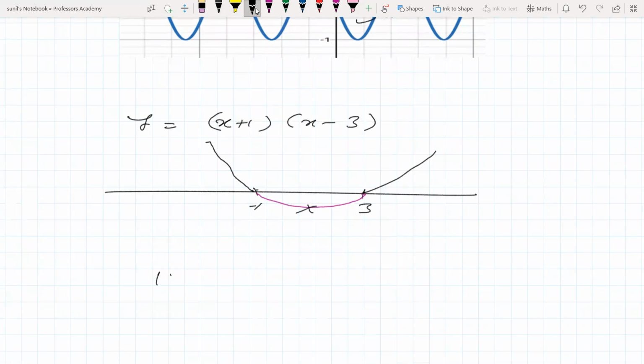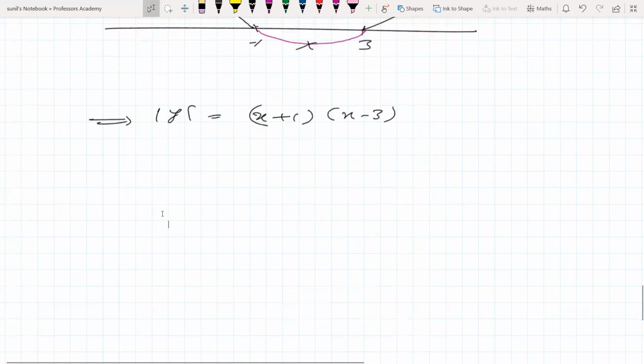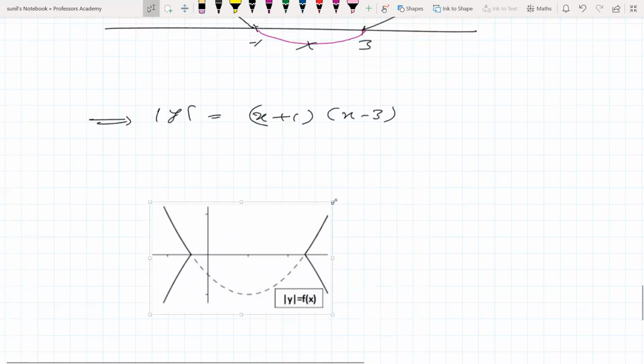Now we are going to draw the graph of mod y equal to (x plus 1) into (x minus 3). What will be the graph for this? You can see that this is mod y equal to f(x). Whenever the graph is below the x-axis, that portion will not be there. That portion we can't take.